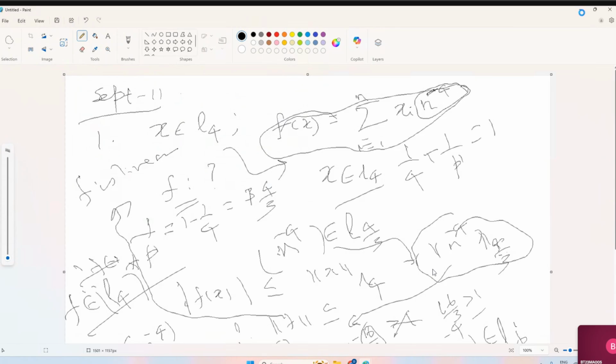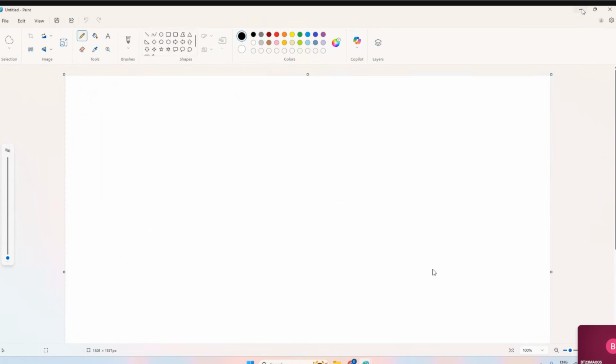The point which I am trying to tell you is that if you have a linear operator T from, say, M to N, where M and N are normed linear spaces, how do I show this T is continuous?